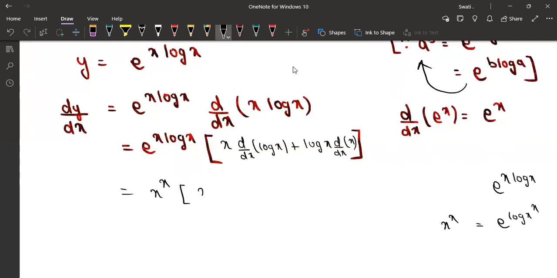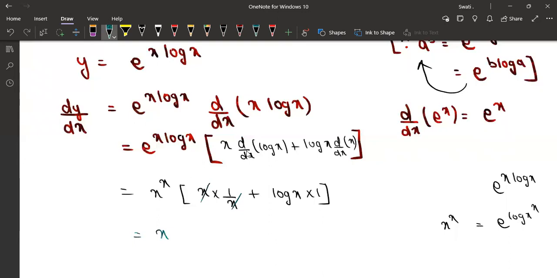And now this will become x, the derivative of log x, we all know, is 1 upon x by formula. Log x as it is, and the derivative of x with respect to x is 1. Remember, whatever formula you are using in any of the questions, make sure you write down that formula on the other side, right? So here I have used the formula of the derivative of log x, which is 1 over x, right? Now this will get cancelled.